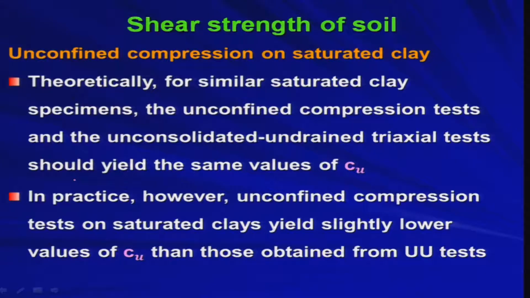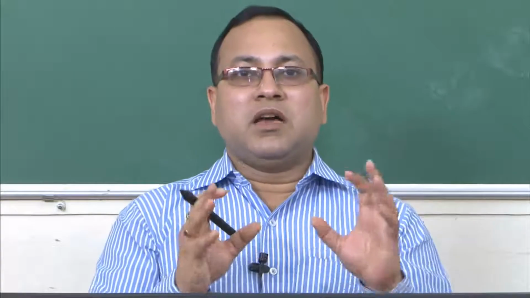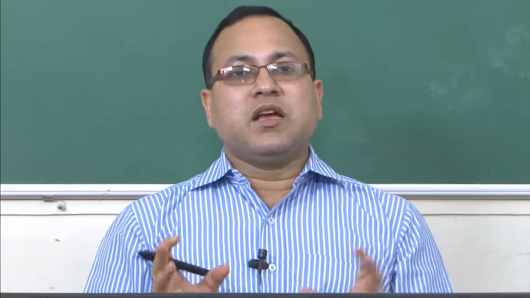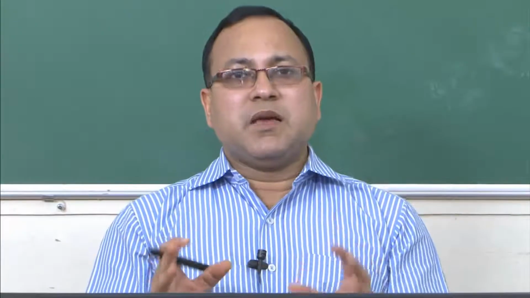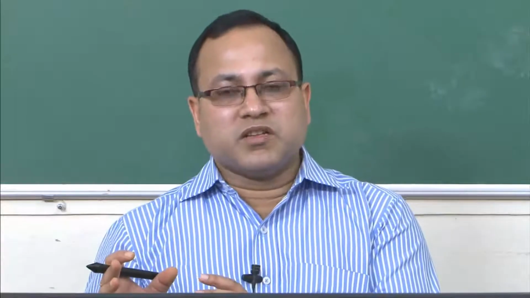Okay. But in practice, however, unconfined compression tests on saturated clays yield slightly lower values of Cu than those obtained from the UU test. But theoretically they should be the same, because the undrained strength is not dependent on the confining pressure. So, you should get the same amount of shear strength from both tests.